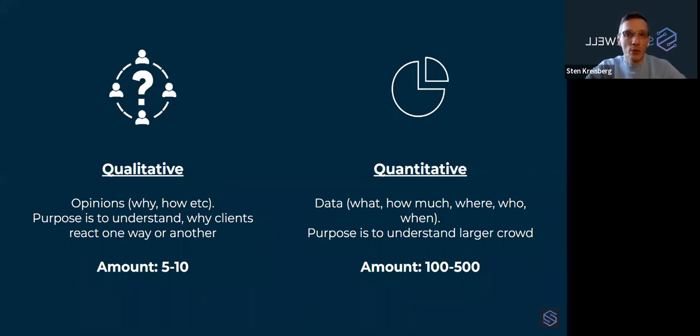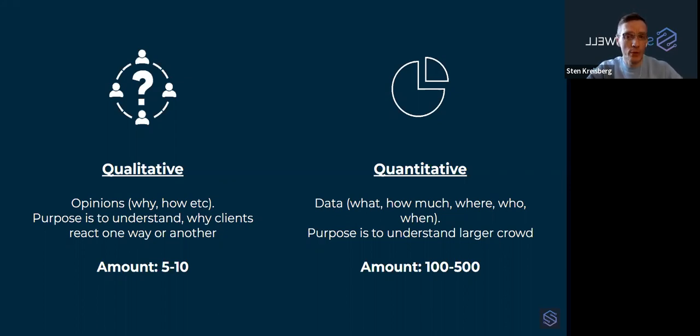And the most important answer you get is why something is happening on the page, why somebody is leaving, why they feel this way, or why they don't. So it's quite important to understand why your users are behaving as they are.